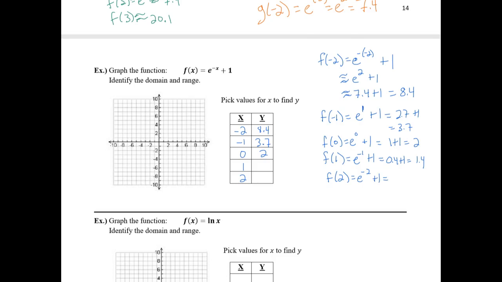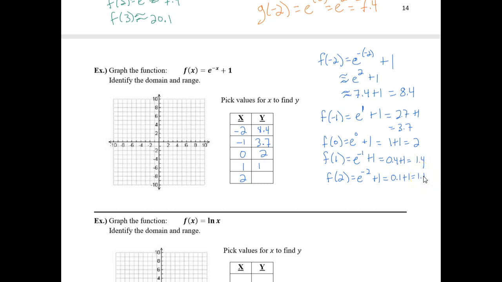So -2, take it to the e power. I'm going to round it to the 10th, so approximately 1/10 plus 1 would be 1.1. So we can see that each time this e power, so if I plugged in 3 or 4 or 5, I'm still going to take the reciprocal of it, and this first value, the e to that power, is going to get smaller and smaller and smaller, but then I'm constantly going to be adding 1.